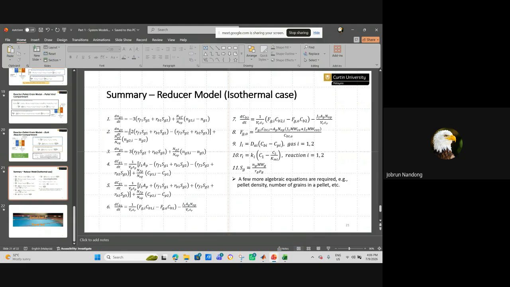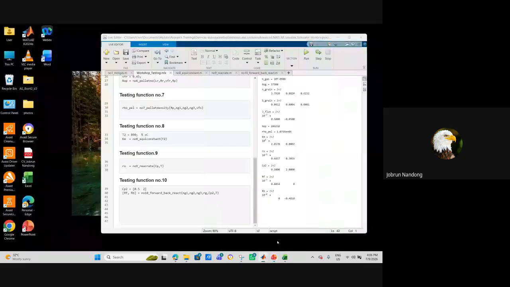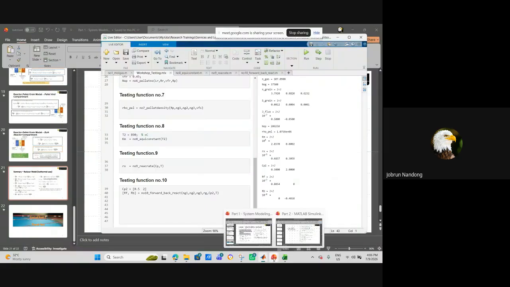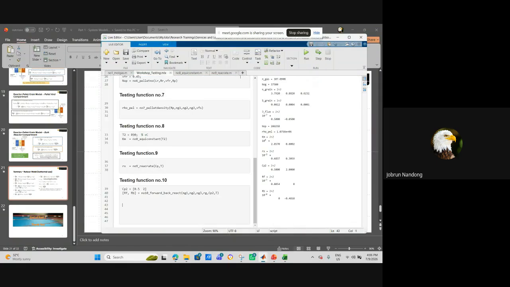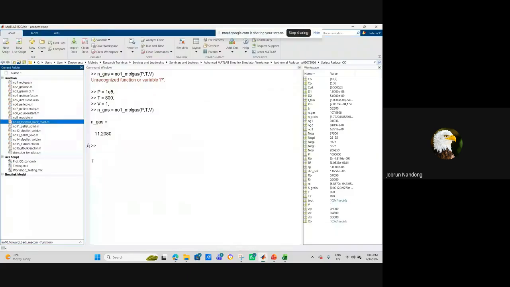This one. Maybe we just use this one. Too many already, so I open the function file there. You just look at what I already wrote.